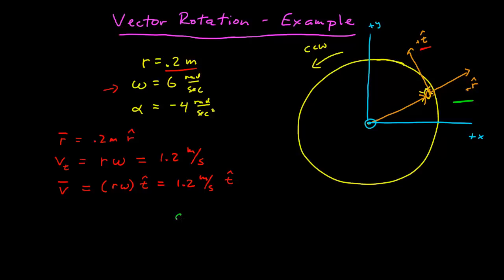Let's recall that our acceleration as a function of time is the radial or centripetal acceleration, which is the component of the acceleration on the radial axis, plus the tangential acceleration, which is the component of the acceleration on the tangential axis. These are components along these axes, so they can be positive or negative numbers.